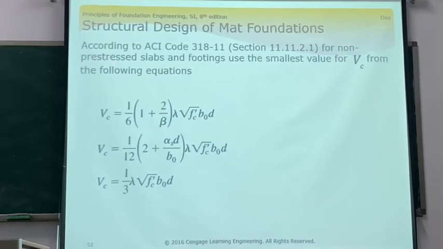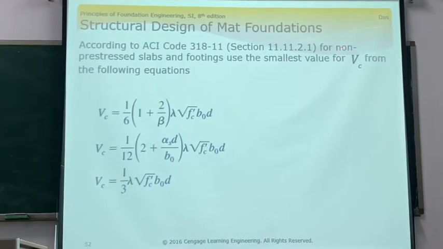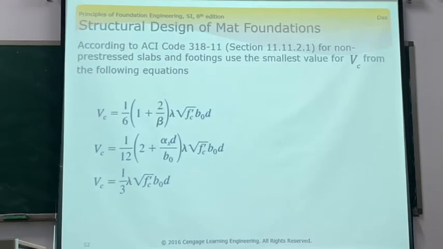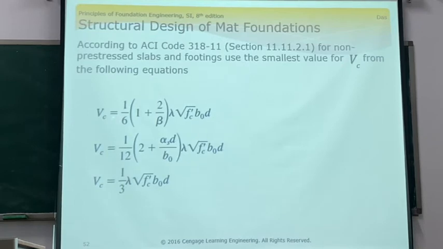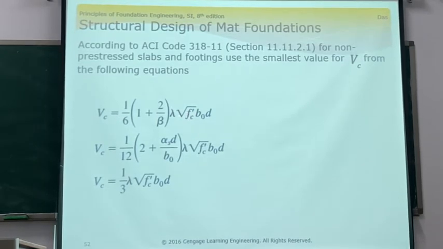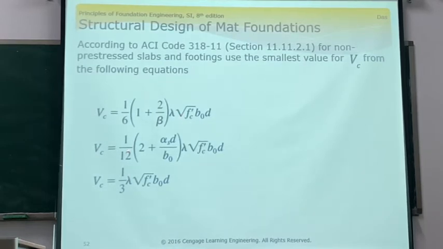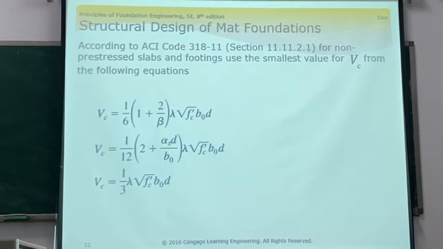Okay. About the VC, looking at the ACI code for non-prestressed members, first use the smallest value for VC from the following equations. Yeah. This is the shear strength of the concrete. So use this formula to calculate the VC from the code.